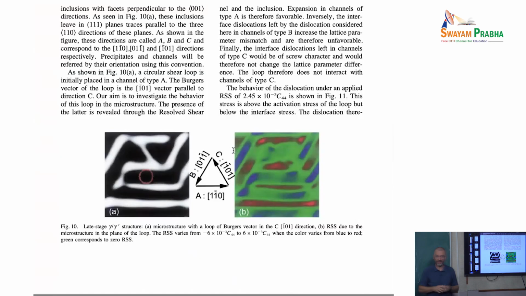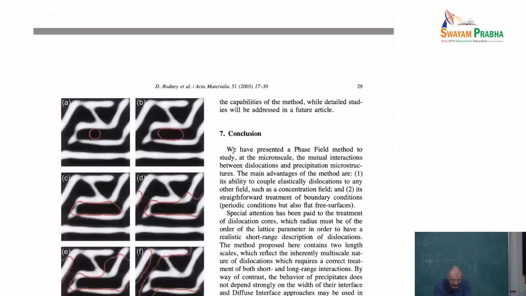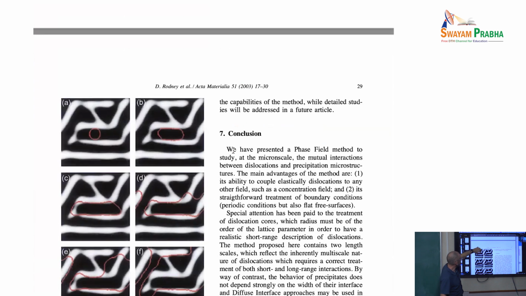That's what we did with some success, but not huge success. You see that these elongated precipitates block the dislocation. When you apply a stress, the dislocation will grow parallel to the faces until it's long enough that it can go inside the precipitates.